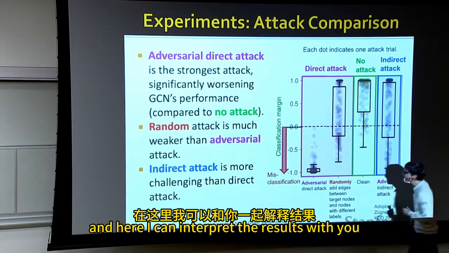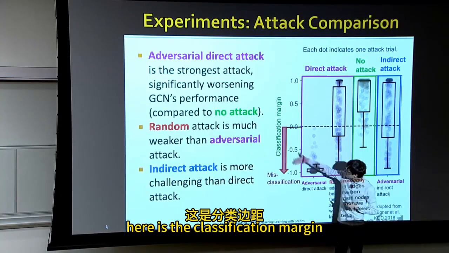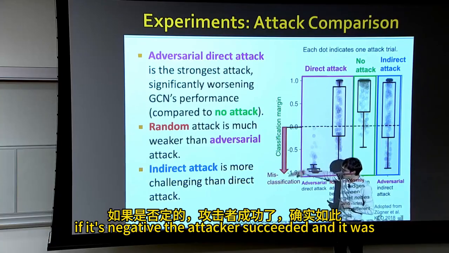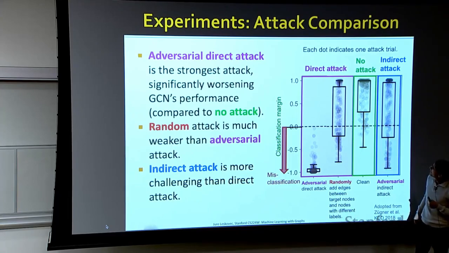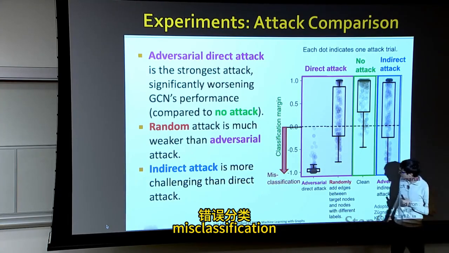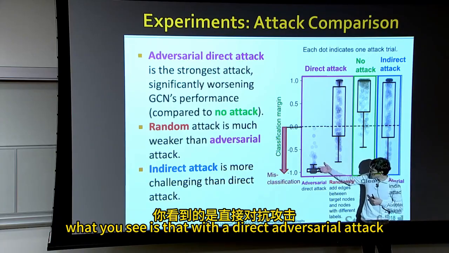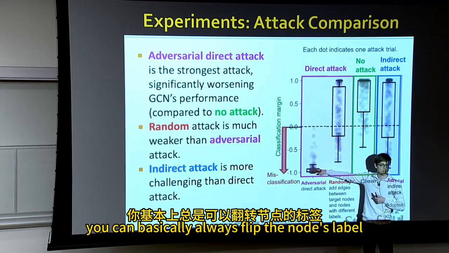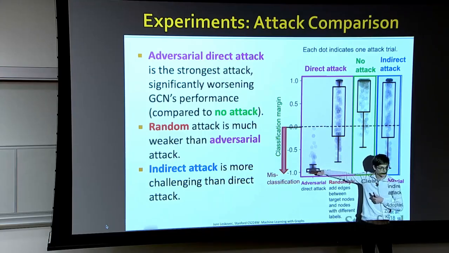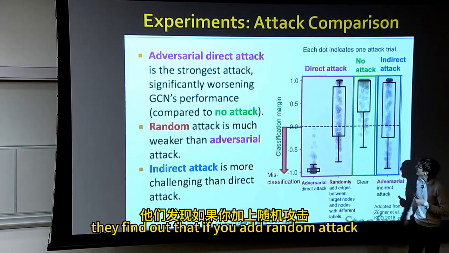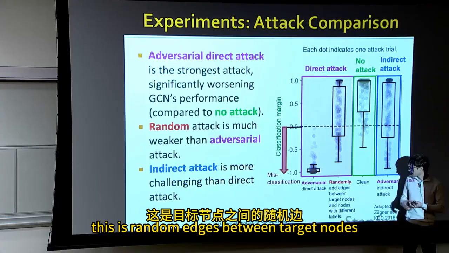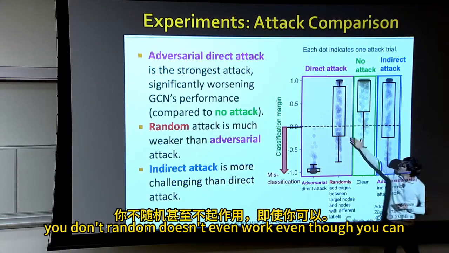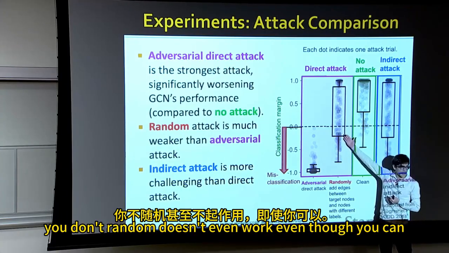And here I can interpret the results with you. Here is the classification margin. If it's negative, the attacker succeeded, and it was a misclassification. And basically, what you see is that with a direct adversarial attack, you can basically always flip the node's label completely, right? What they find out is that if you add random attack, this is random edges between target nodes and nodes with different labels, random doesn't even work.